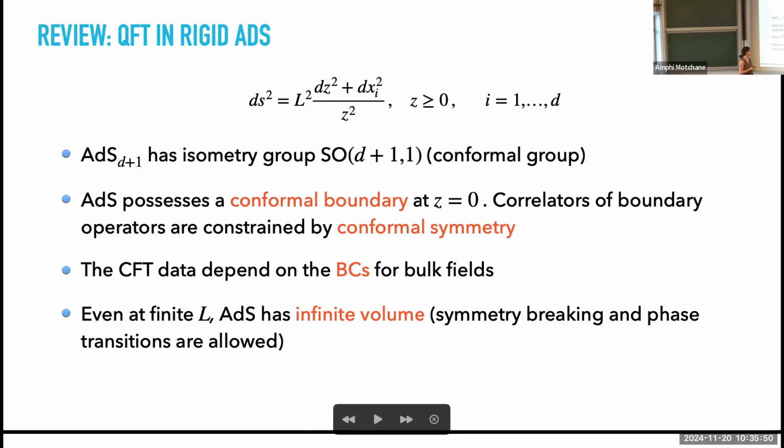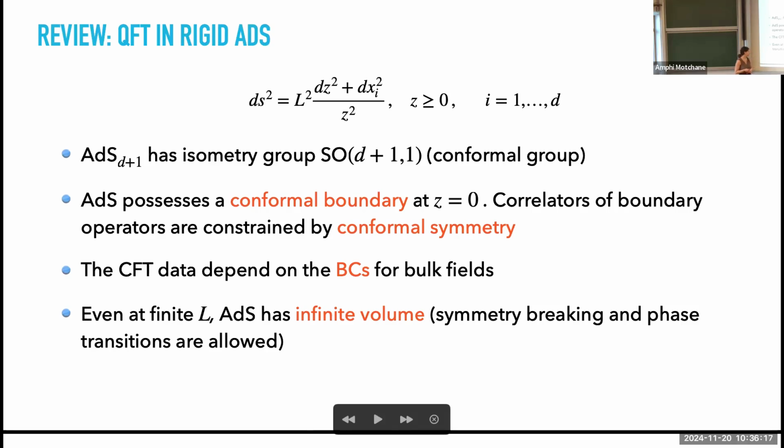The only difference with the case of dynamical gravity in the bulk is that the theory at the boundary is non-local, so we don't have a stress tensor. The CFT data at the boundary depend on the boundary condition that we assign to the fields.